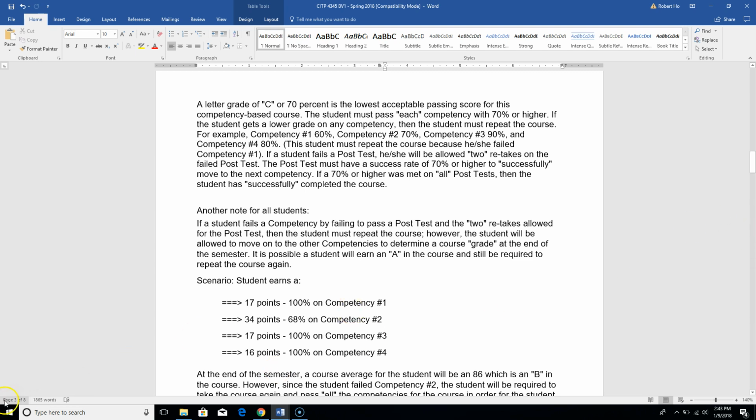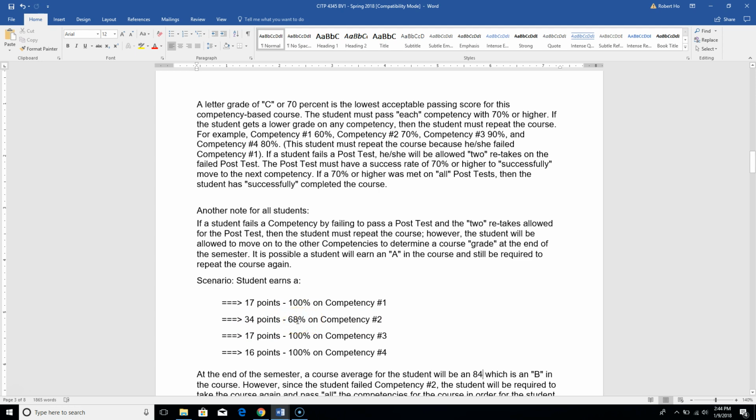Let me pause this a little bit. Okay, let's say that on competency 1, 3, and 4, you get 100%. That means you get 17 points and 16 points respectively. However, on competency 2, the student only accumulated 34 points, which is 68%.